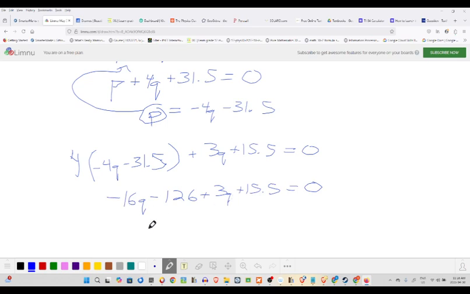Collecting like terms, negative 13q minus 110.5, if I've done that mental math correctly.